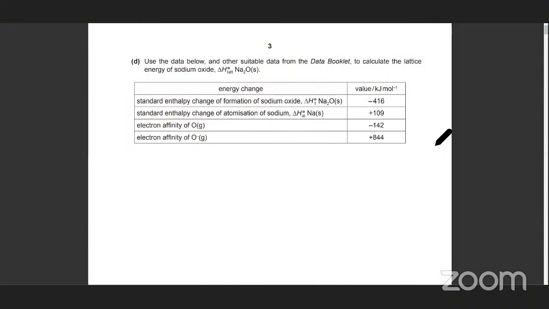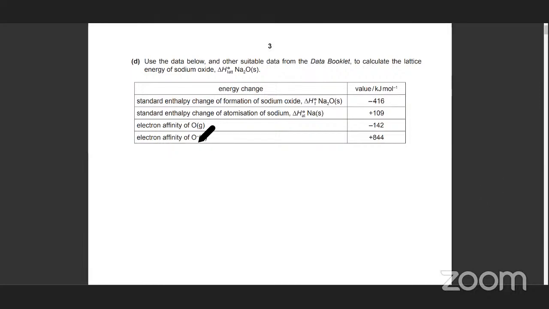Remember, the first electron affinity is always exothermic. Why? Because a neutral atom which likes to gain electrons will do the work on its own. It doesn't need energy from outside. Like if a fluorine atom wants to gain electrons, it will attract the electron itself. But gaining the second electron is difficult. When you're trying to gain the second or third electron, the electron affinities become positive.